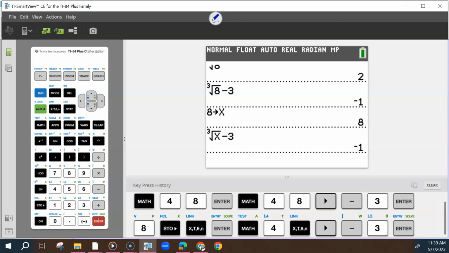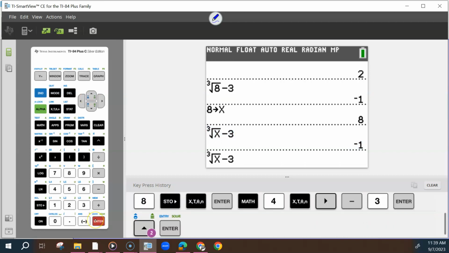If you made a mistake, you can either type directly over top of it, or you can hit delete. Were there any evaluating questions on the last page?